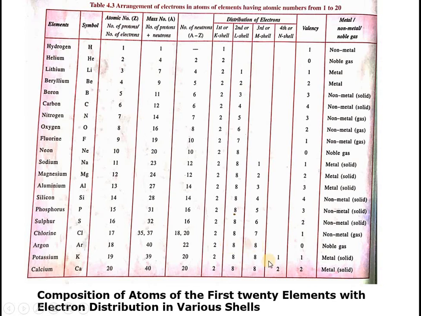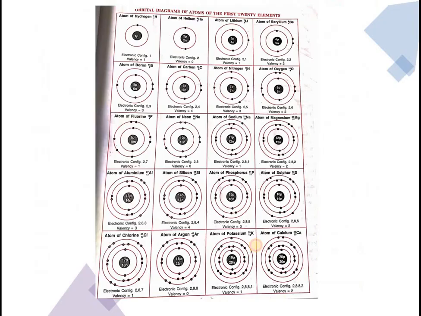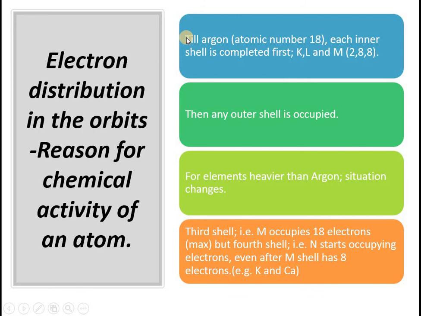Now, post argon, the fourth shell starts. So, up to argon there are 3 shells, and the fourth shell starts after argon, though the third shell is not full to maximum capacity. Till argon, each inner shell is completed first. That is, argon is K, L, M, so 2, 8, 8. Then any outer shell is occupied. For elements heavier than argon, the situation is a little different.